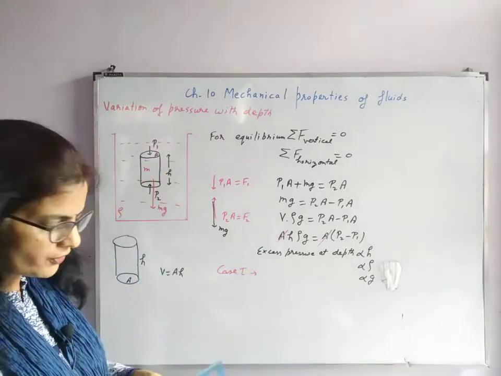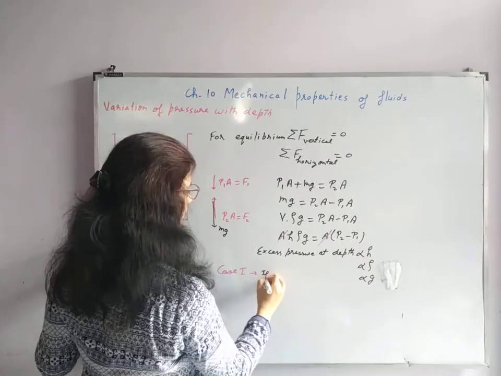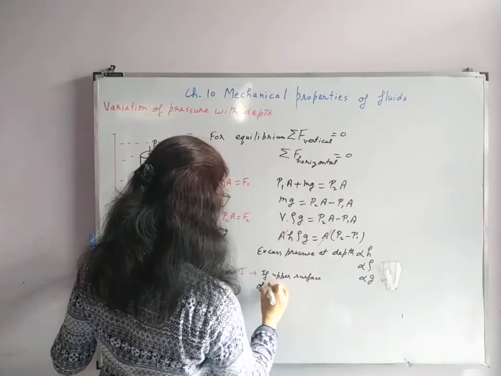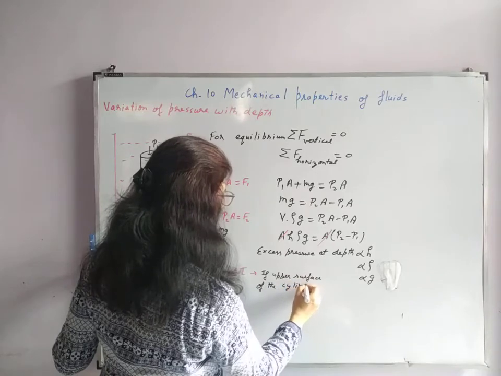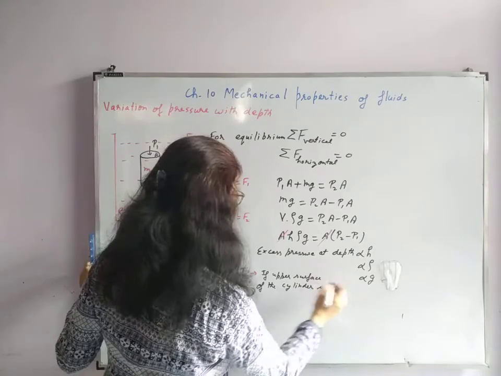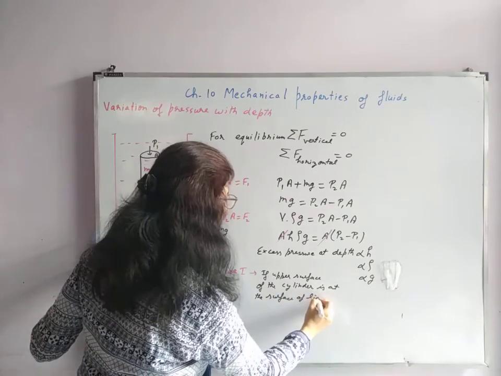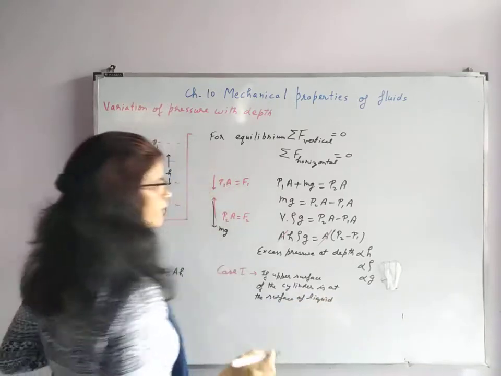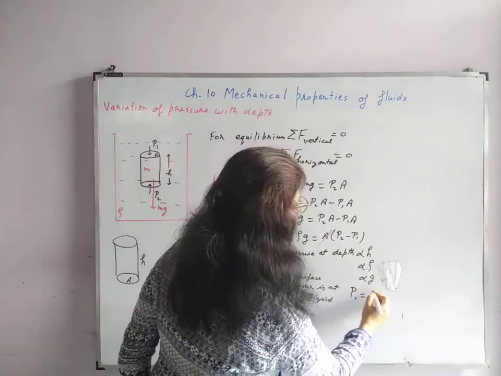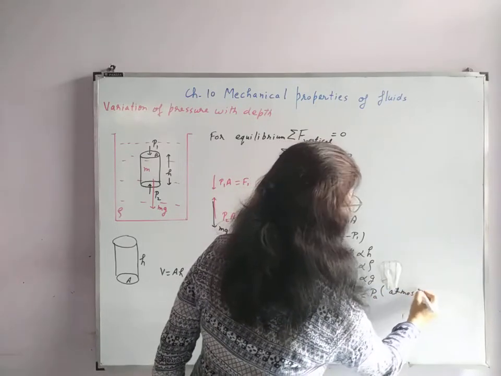If the upper surface of the cylinder is at the surface of liquid, what will we consider? We will consider that P1 in that case will be atmospheric pressure, because it is exposed to atmosphere now.